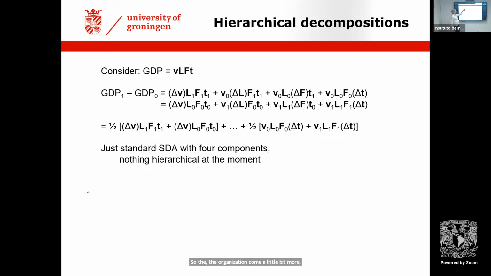The polar decomposition changes to V, L, capital F, and T. This is the other way around, so the other polar. So this is the average of the two polars. So this is just a standard structural decomposition with 4 components, and there's nothing hierarchical at the moment. So this is a valid decomposition, no problem at all. This is what we've done in the first hour, but now with 4 components.